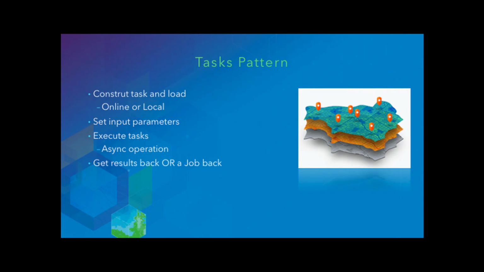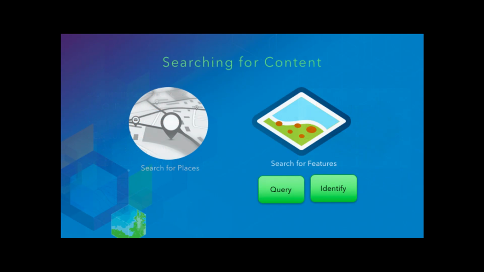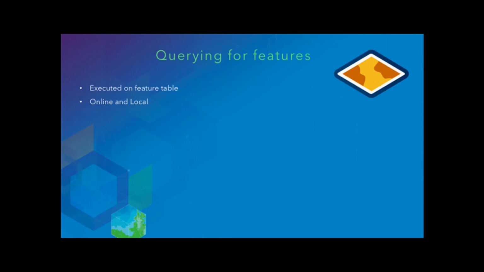So with that, let's move on and talk about searching for features now. You can do this in a couple of ways. You may want to find features from a specific feature table, which is querying, or you may want to find all features at a specific map point, which is identifying. First is querying.